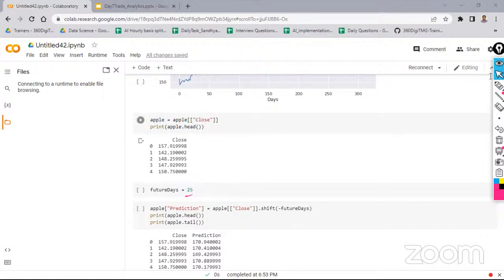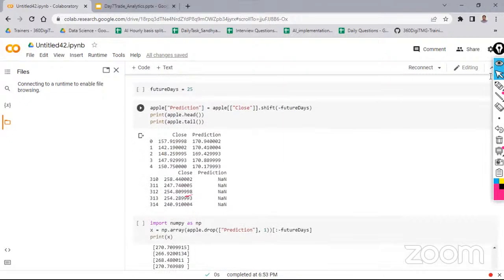Now, next, how do you predict? How do you choose it? So from the data that I have, the closing price, I need to shift next 25 days or the previous 25 days.